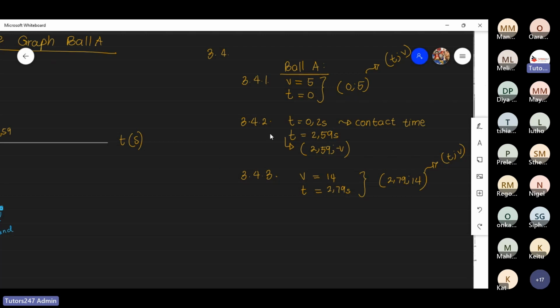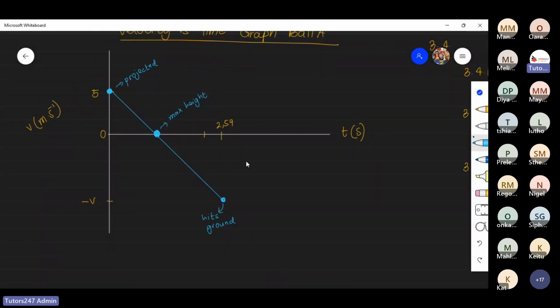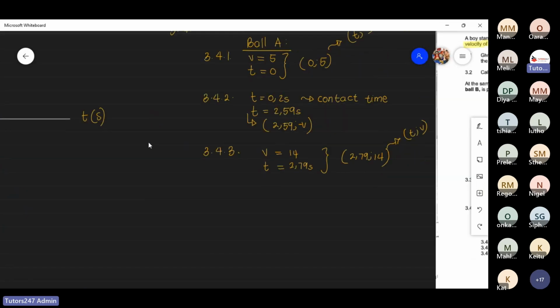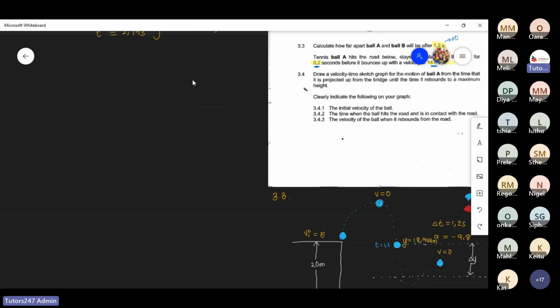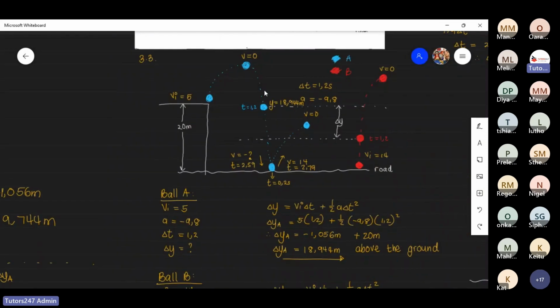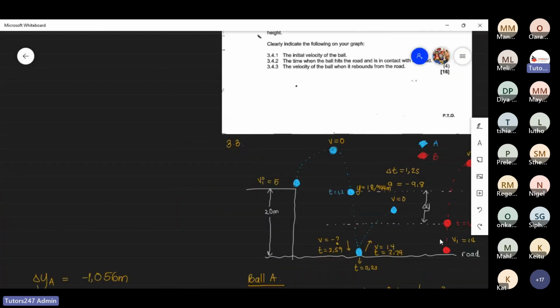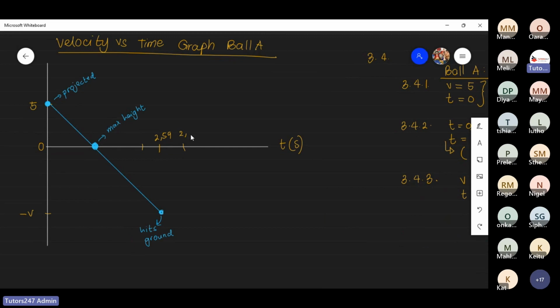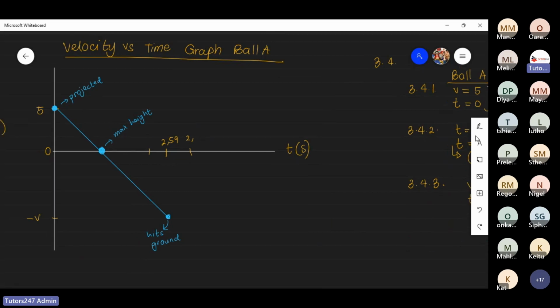Keep in mind, that is still under 3.4.2. So all you need to do is just draw another dash, and then you can indicate, let's see, what was the time after 2.59? If you add 0.2, I think we wrote it somewhere. Okay, we wrote it down here, 2.79. So that's our time, 2.79. So this indicates that 0.2 second interval.